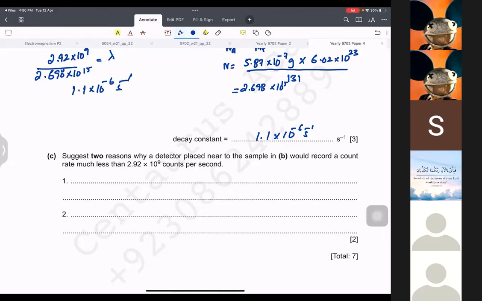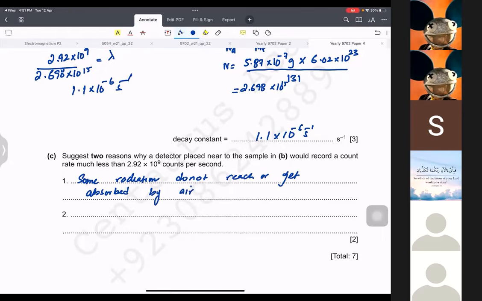Or maybe it is getting absorbed. So we can write some radiations do not reach or get absorbed, because alpha particles are highly ionizing, so they can ionize air as well. So the radiation does not reach or gets absorbed by air.